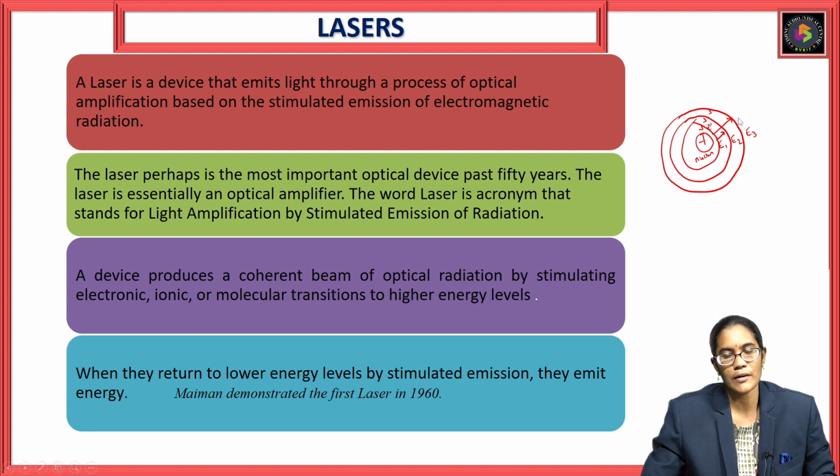After the lifetime, the atom comes to the ground state by emitting some energy, which is called radiation. When they return to lower energy levels by stimulated emission, they emit energy. In this way, the basic process happens in lasers. The first laser was demonstrated by Maiman in 1960.